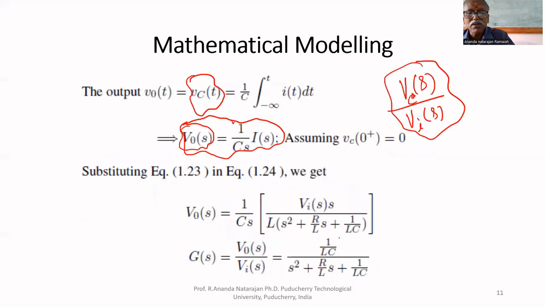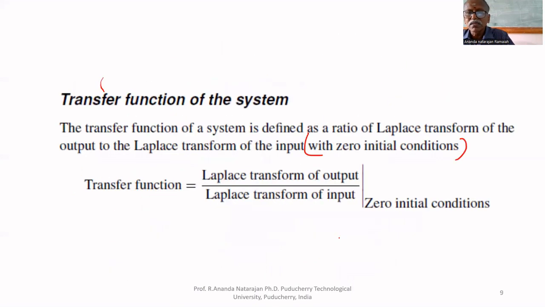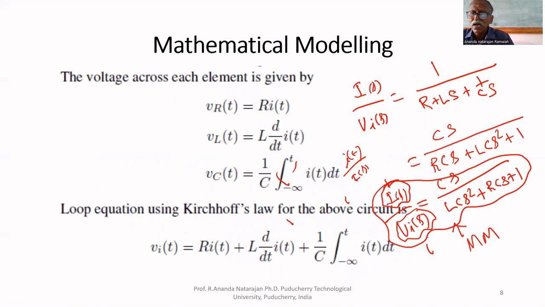Here, in another way, I wrote the equation as CS upon LCS square plus RCS plus 1. Here the constant is 1, and all the other terms have coefficients. That form is called time constant form.